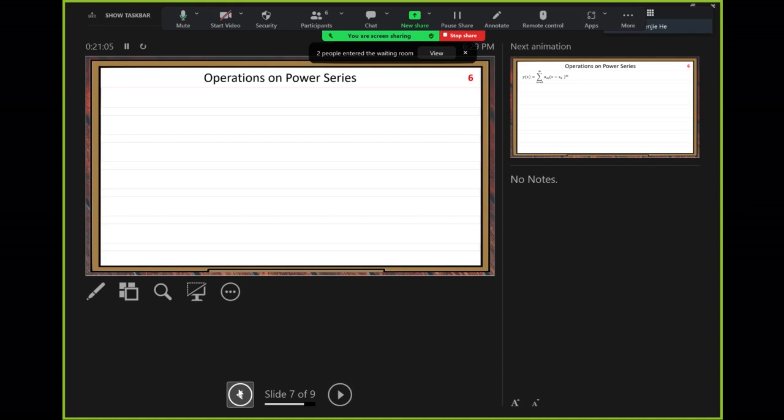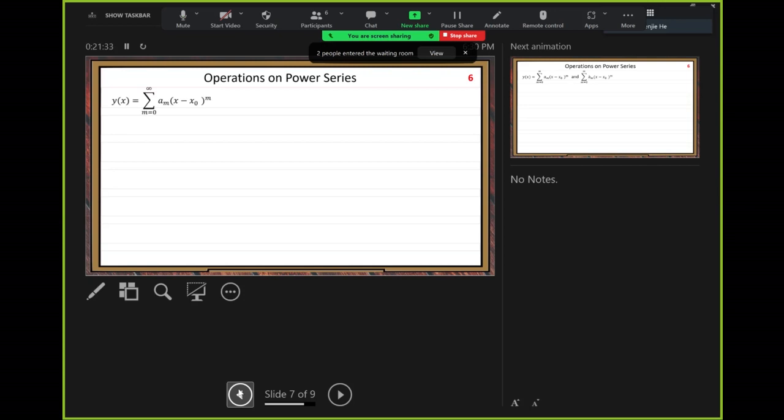On this slide we will have four operations. These four are pretty much enough to help us find the power series solutions. We already used them in our first simple example; here we can treat this as a summary.